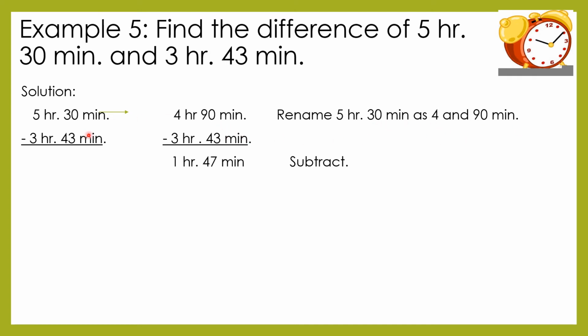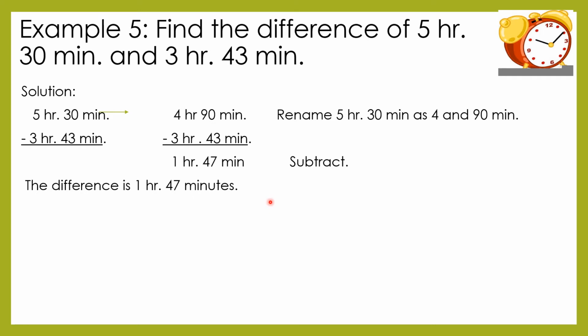Why? Because the 43 is bigger than the 30. So we need to rename. So we have 90 minus 43 is 47. Then 4 minus 3 is 1 hour. The difference is 1 hour and 47 minutes.